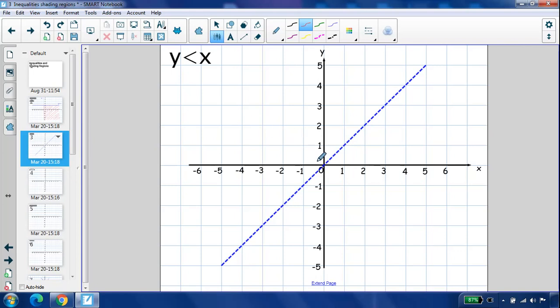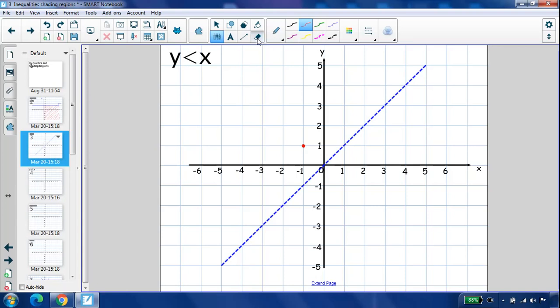So sometimes the regions aren't as straightforward to find, so we could find a point. You may have already found it, that's great. I'm going to show the point example. So I've got x is equal to -1 and y is equal to 1. So -1 is greater than 1 when I sub it in.